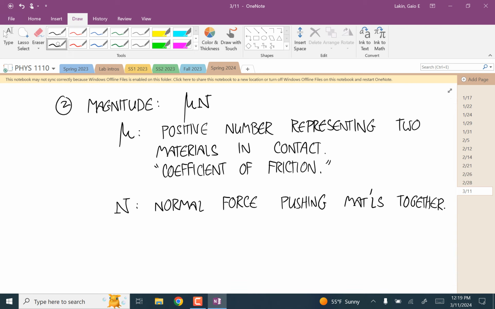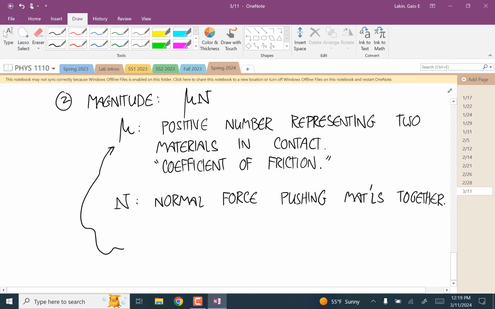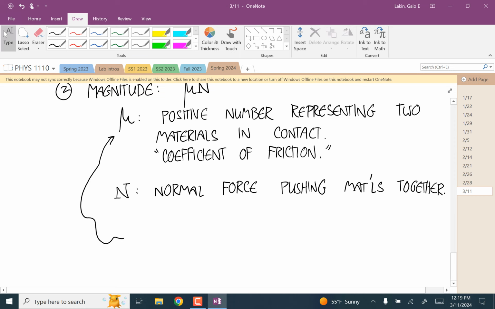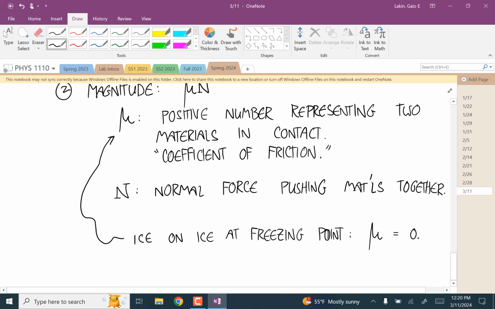So as far as having a feel for what various coefficients of friction are, if you have like an ice cube sliding along ice right at the freezing point, well, you can imagine that's not going to have a lot of friction. And the coefficient in that case is about 0.02.